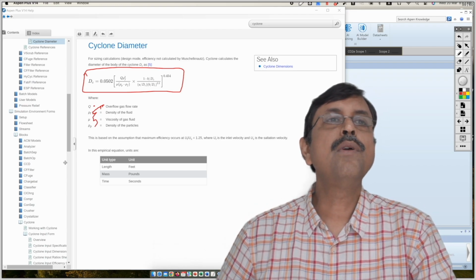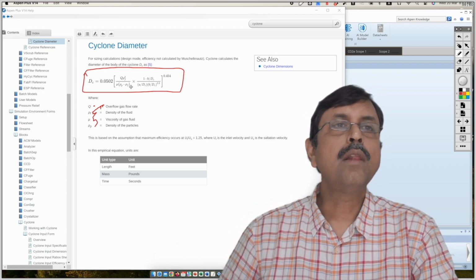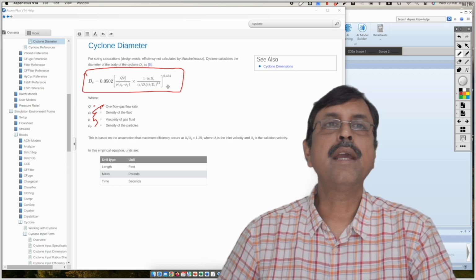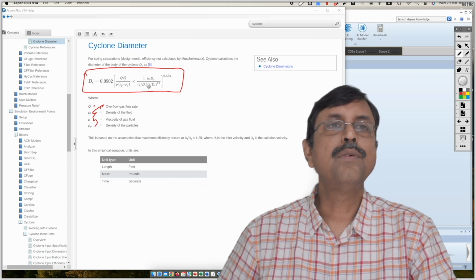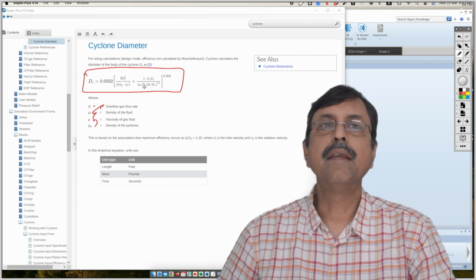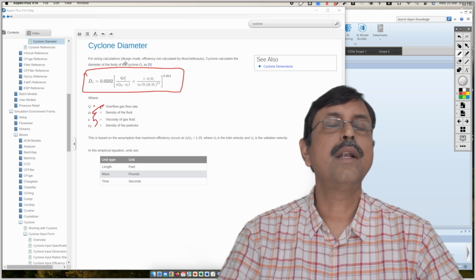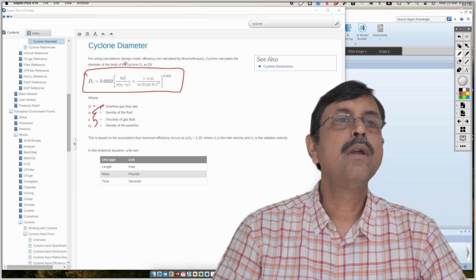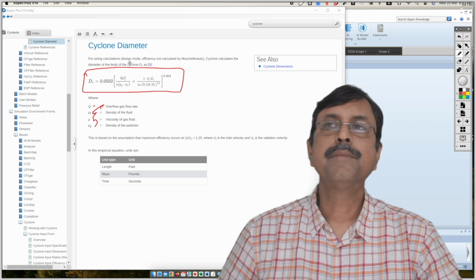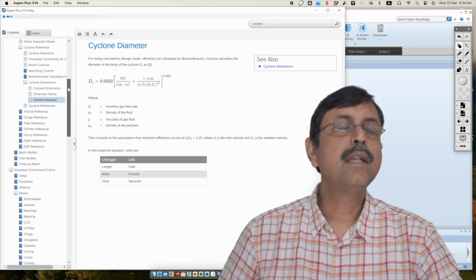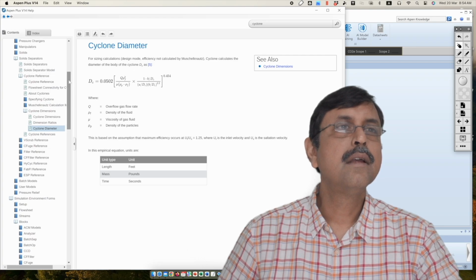Okay, so if you put all those data and solve for DC, now this is a nonlinear equation, okay? You cannot directly find it, so you have to do it by optimization. So the actual cyclone diameter can be found out based on this. Now let us go to the types and reference first.